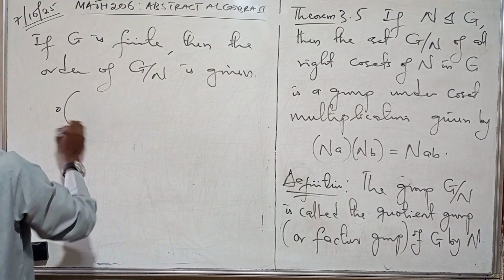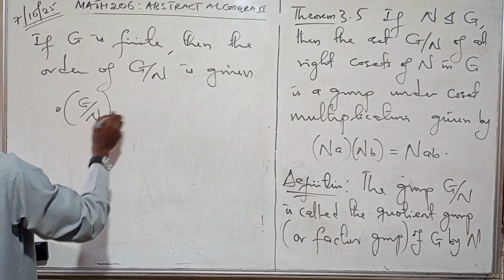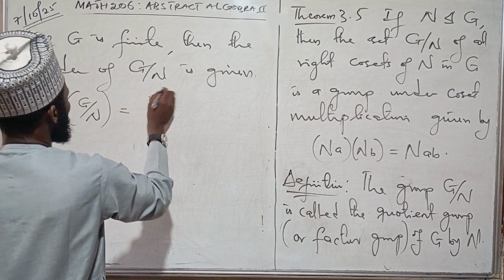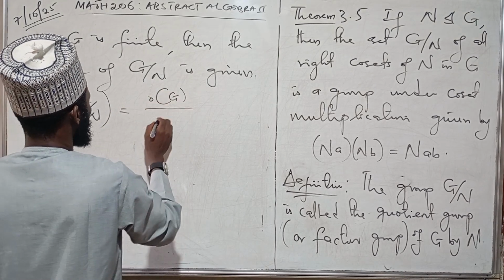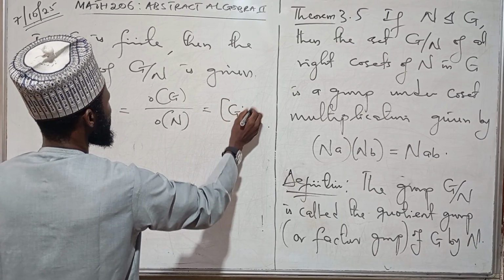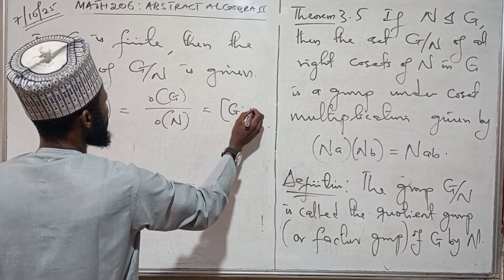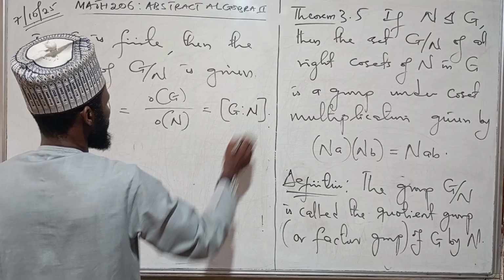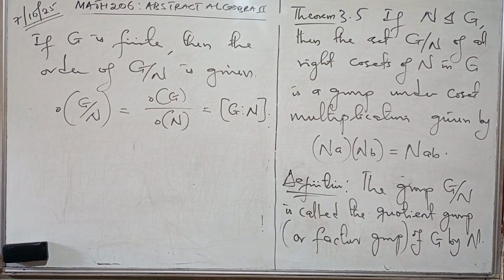It's just the order of G divided by the order of N. This number is called the index of N in G.